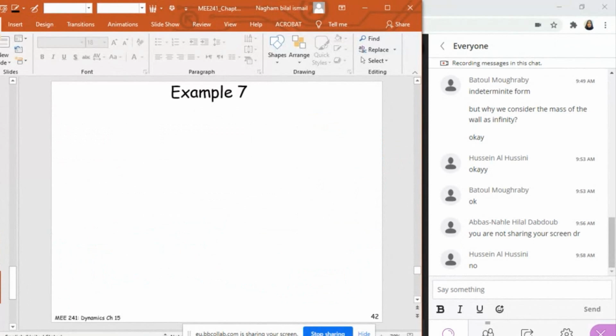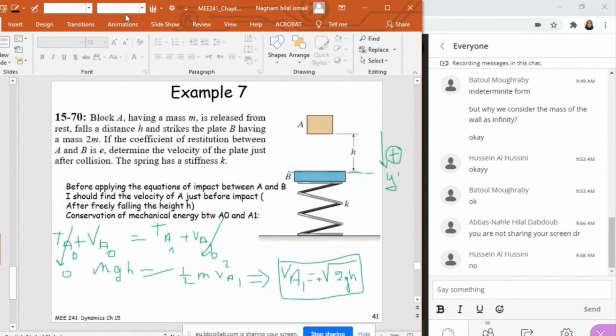Now, collision occurs, and then I know the velocity of A just before collision, as well as the velocity of B just before collision, because in fact, guys, the velocity of B just before collision is 0. It was resting on the spring. All right? And I am sure that this is a central impact. Why?